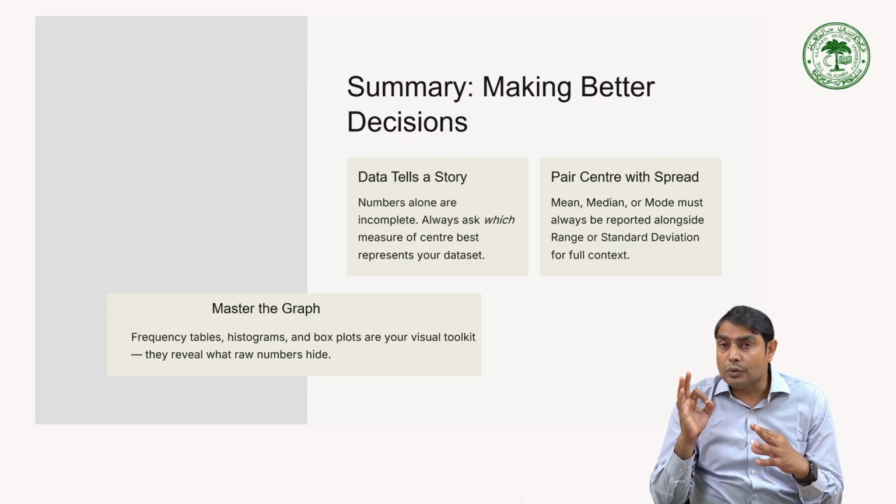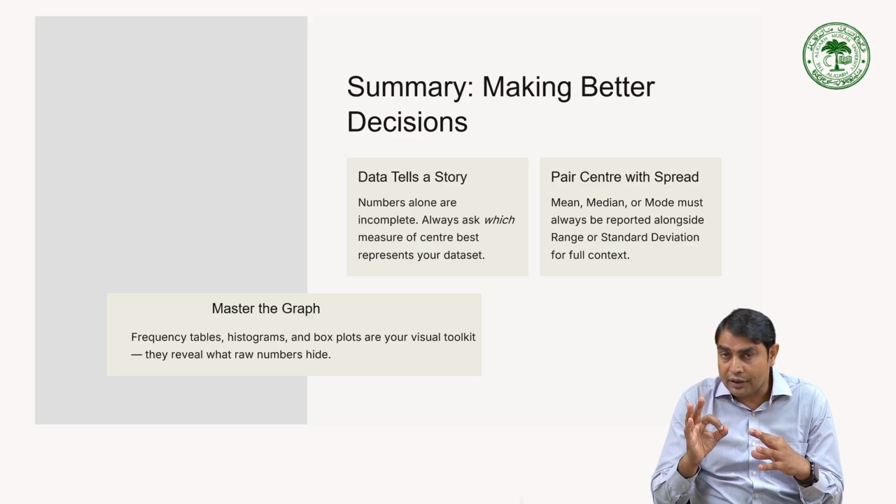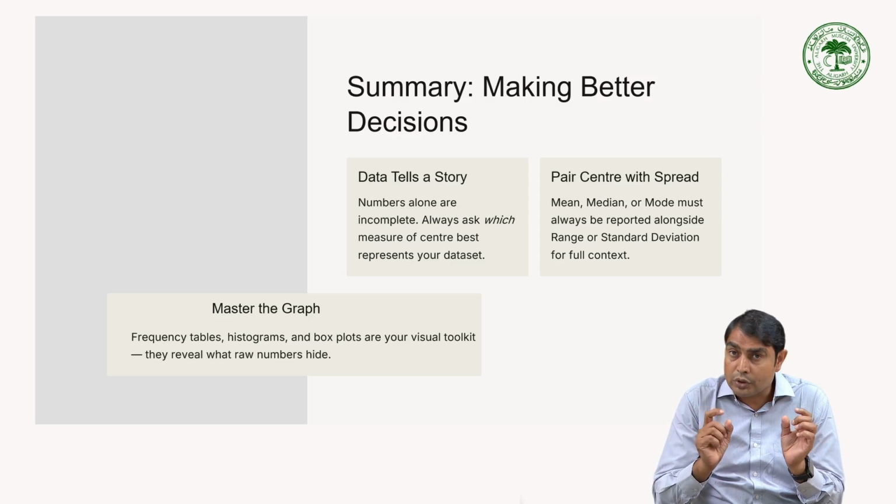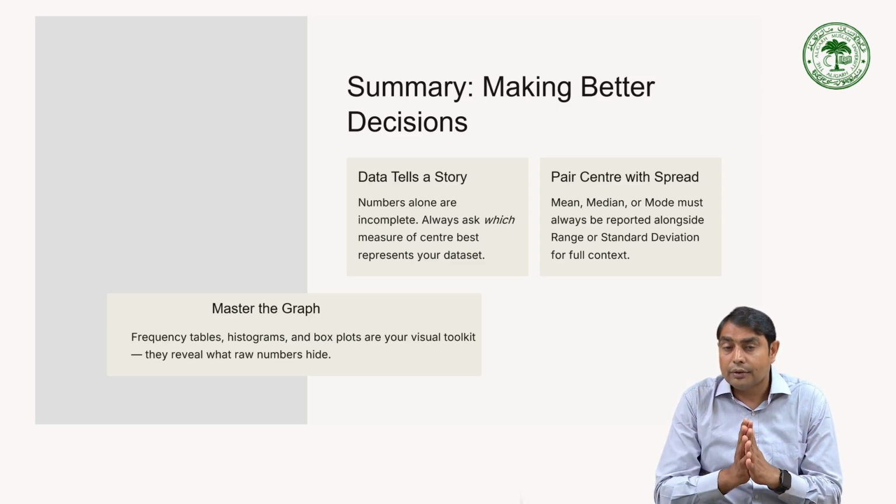And then you need to look at your measure of central tendency result together with the measure of dispersion. So you have to take both the values together to find out the actual picture.